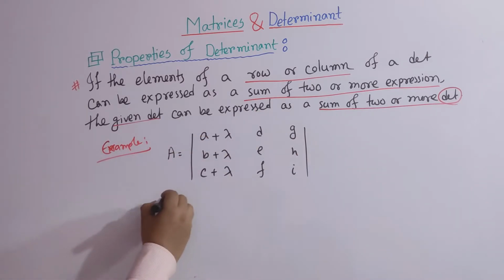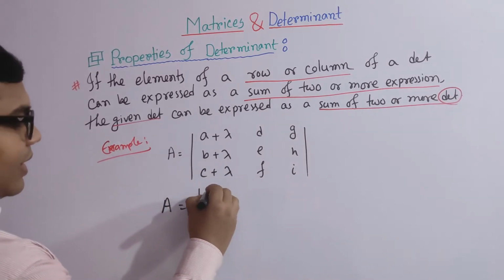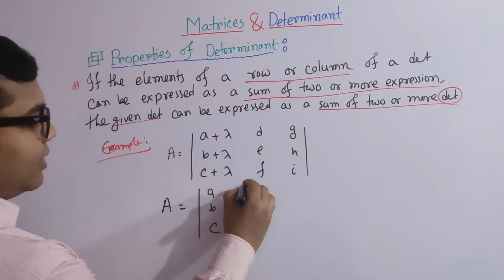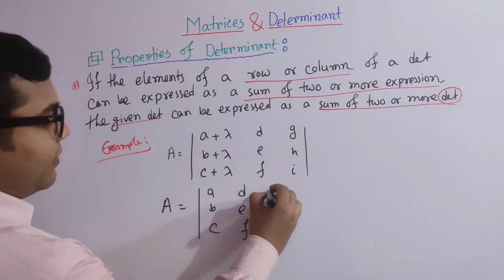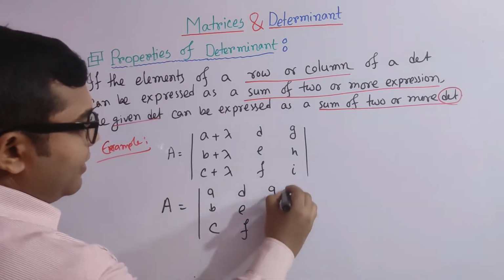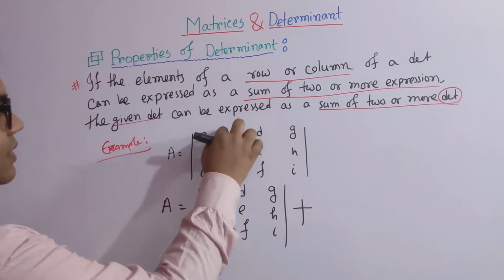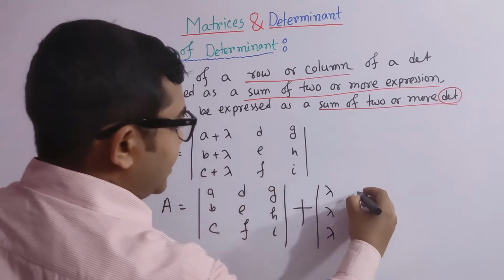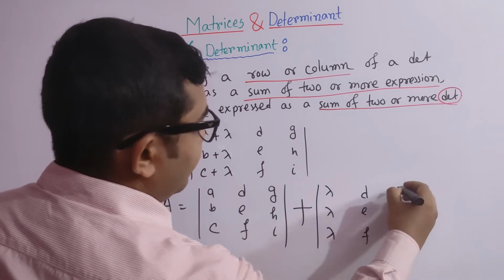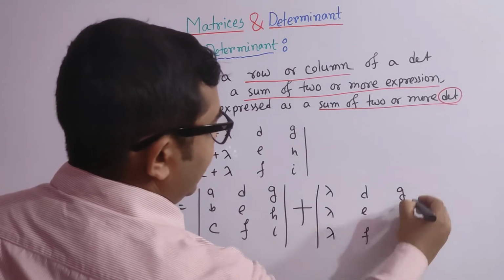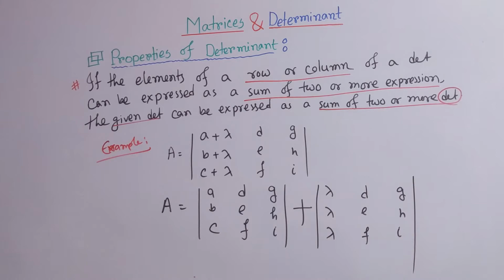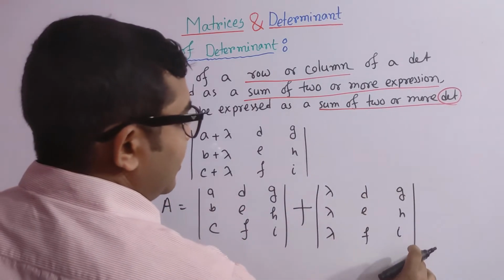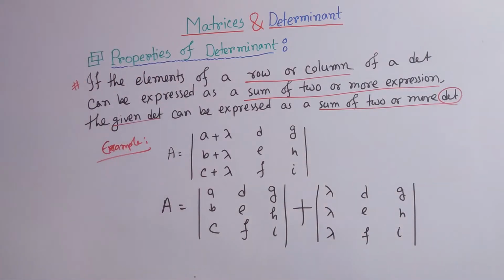So it can be written as the determinant of A, B, C, D, E, F, G, H, I plus the determinant with lambda, lambda, lambda in the first row, and the rest the same: D, E, F, G, H, I. This rule is very important when we calculate our determinant.